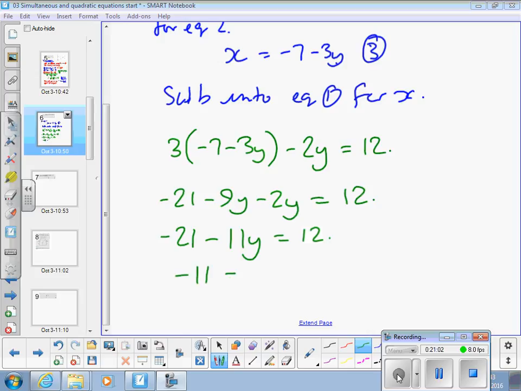Minus 11y equals 33. y is equal to 33 over minus 11, equals minus 3. Yep.